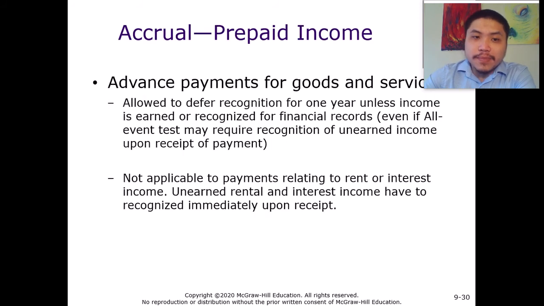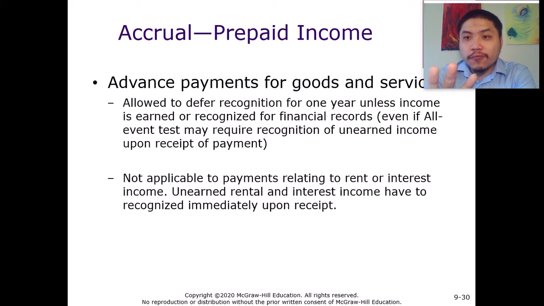However, there is an exception. The exception is that for income other than interest income, unearned interest income and unearned rental income, taxpayers or business owners are allowed to defer the recognition of income up to 1 year.